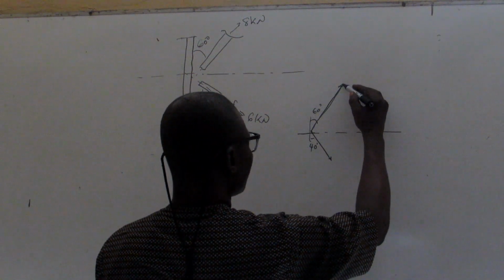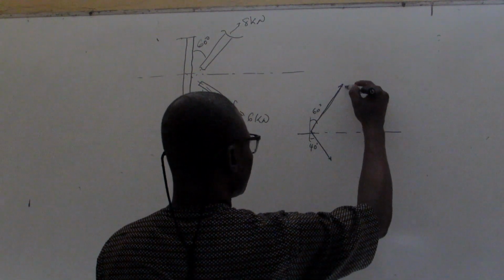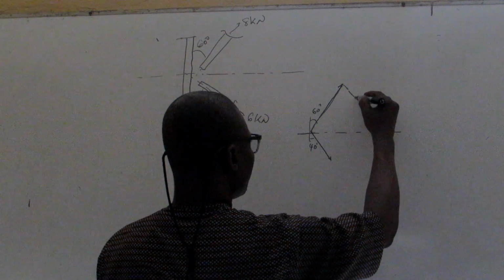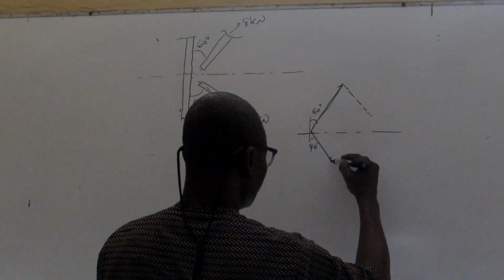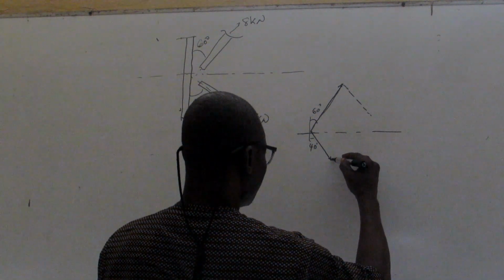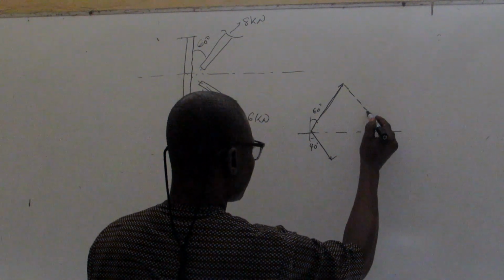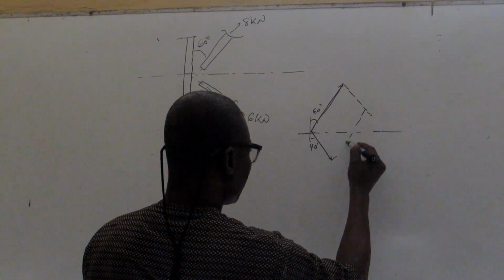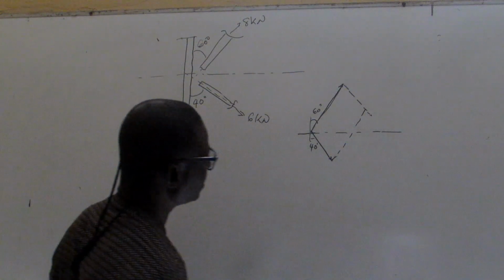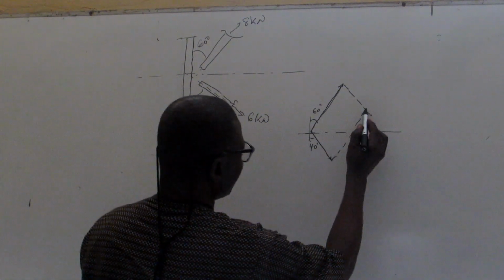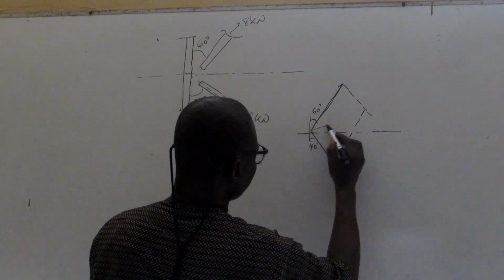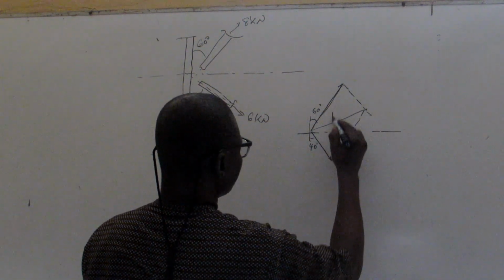From here, we draw this line parallel to this one here, and this one parallel to this. The point of intersection here gives this. This is our arrow.